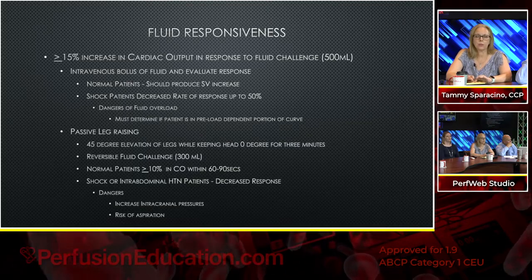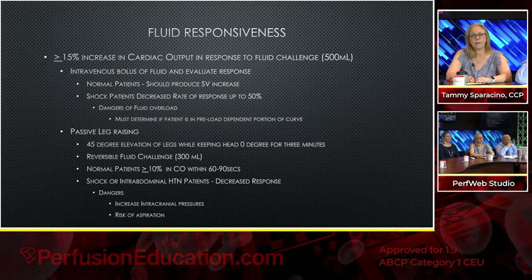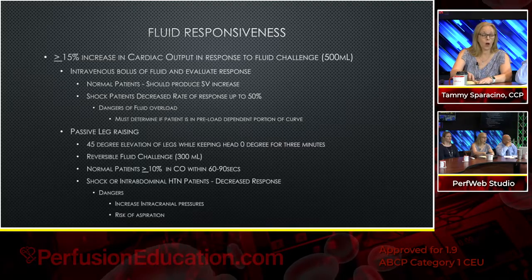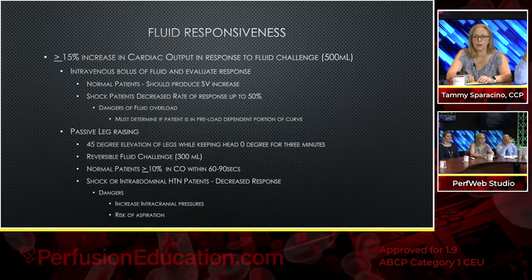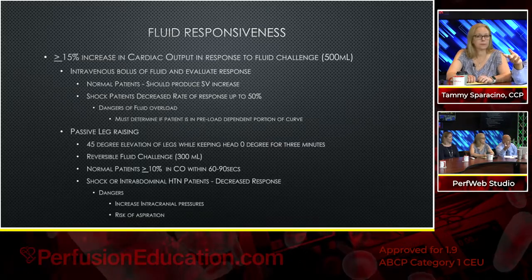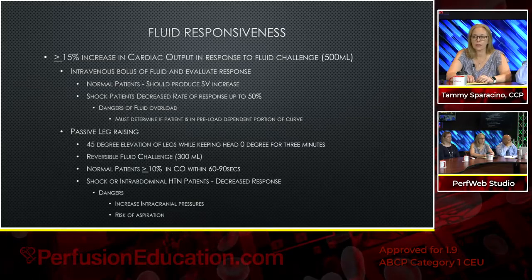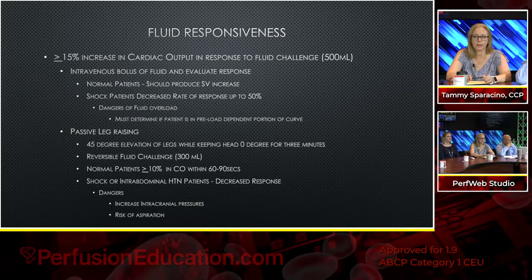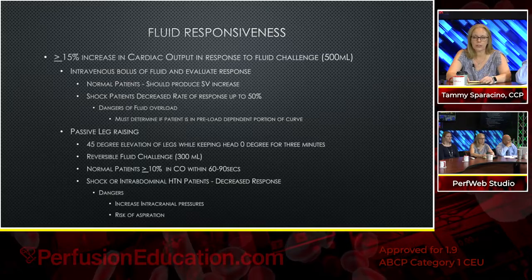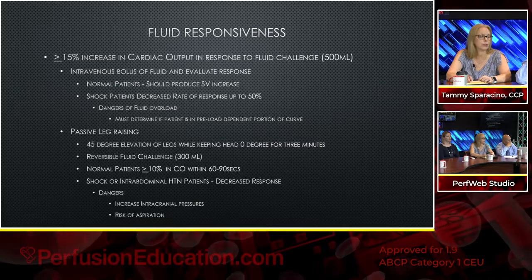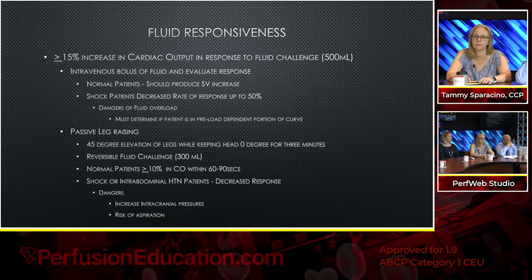So there's always a real danger of fluid overload in these patients that already have too much volume. Yeah, if they're at the top of their Starling curve, and then you add more volume, you drop them off the other side. Exactly. So it's really important, if that's the type of challenge you're going to do, that you determine if the patient is in the preload dependent portion of the Starling curve, just as Joe said.